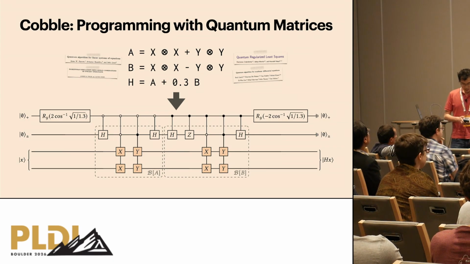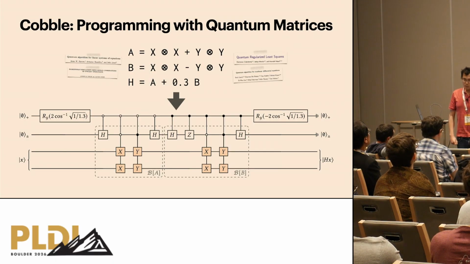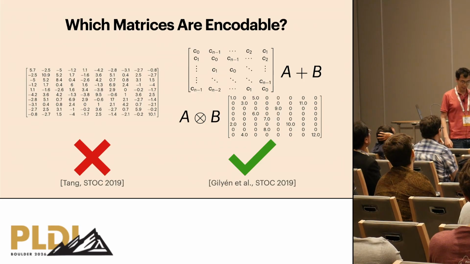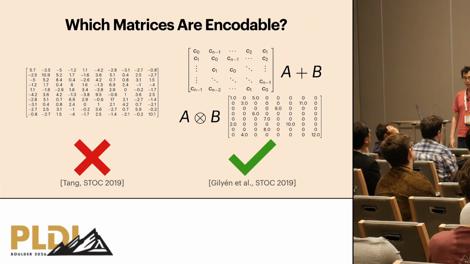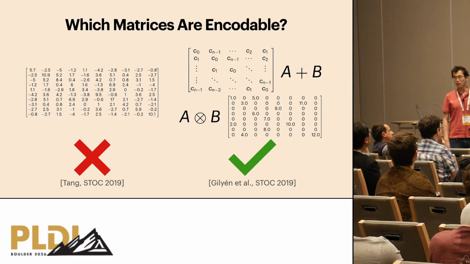All right. So rather than harping on about the technical design here, I want to motivate the design by asking an open-ended question. Which matrices do we hope to be able to efficiently encode as programs into a quantum computer? It's a very open-ended question, and indeed the theory community spent about 10 years trying to answer it. They finally managed to do it around 2019, where 2 landmark papers were published, showing 2 apparently contradictory results.